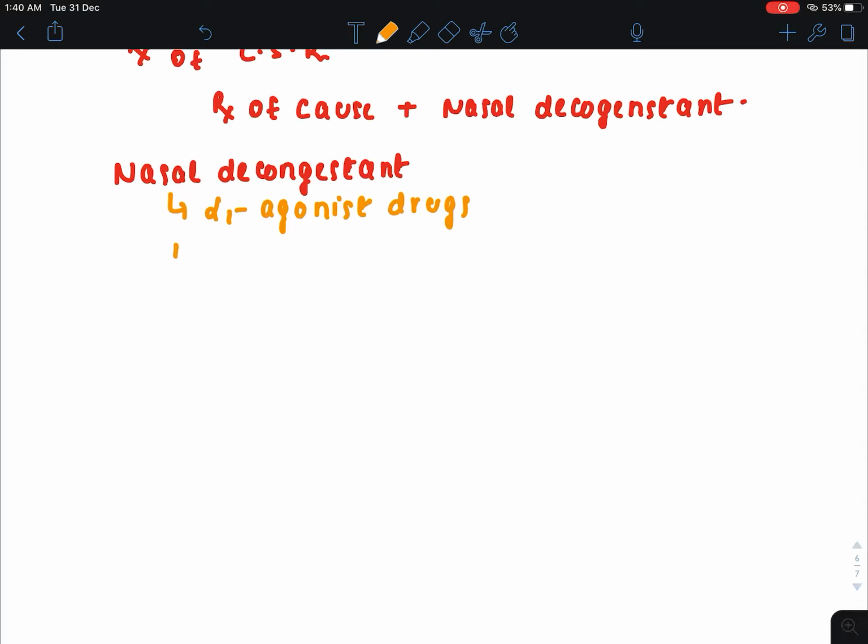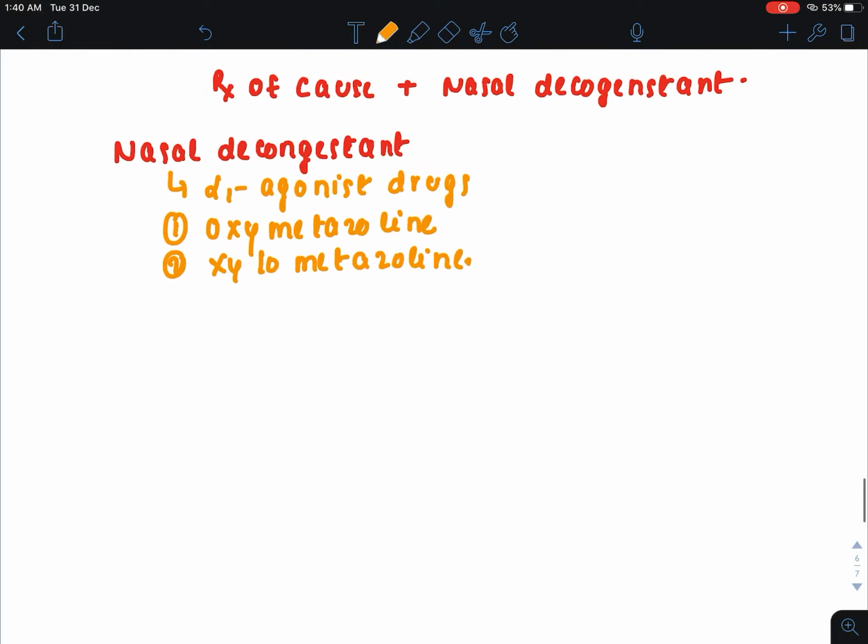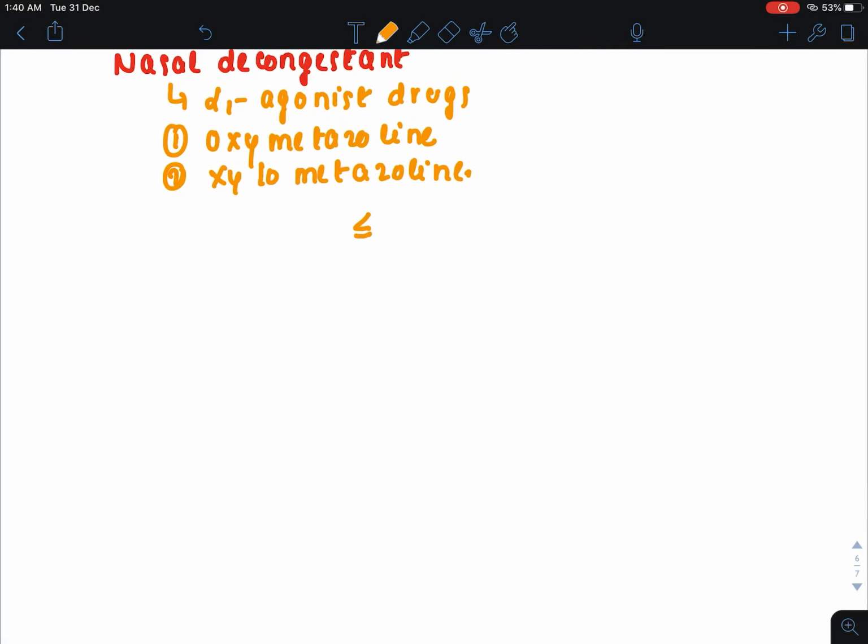The drugs are oxymetazoline, or we can give xylometazoline. These two drugs are alpha 1 agonist drugs. These drugs are given up to 7 days.